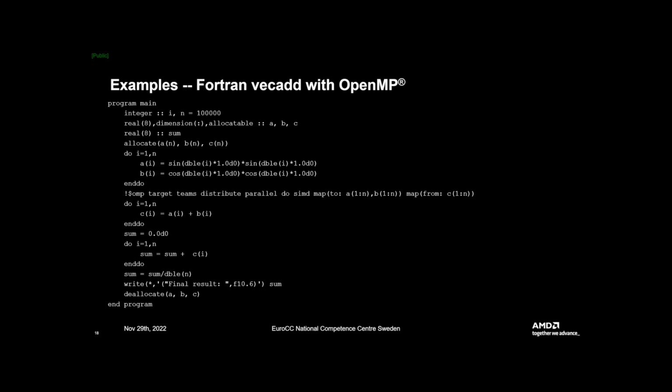But you can see it doesn't take a lot of lines of code to convert a standard Fortran code over to running on the GPU. C and C++ are similar. But I do want to warn you that it can be a tedious process to extend these parallel regions and get the whole code running on the GPU.